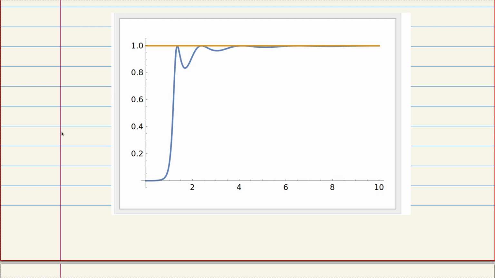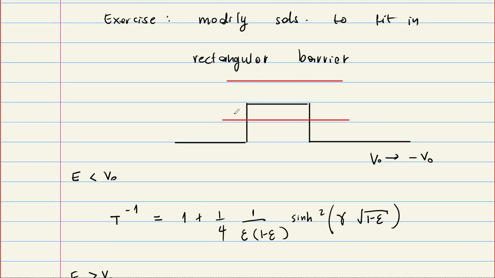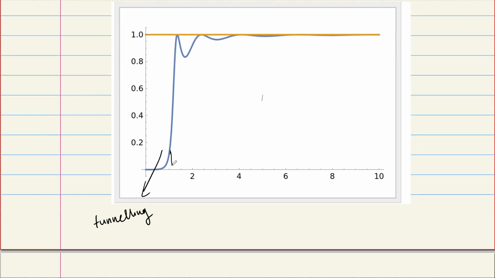Okay, this is what we call the tunneling region. So this is tunneling. Right, this is purely quantum mechanical. There is no classical analog. And it says that even if your energy is below the barrier, you can see there is a non-zero probability to tunnel, right? This is 1, somewhere over here 1. And you can see there's a small but non-zero probability to tunnel.